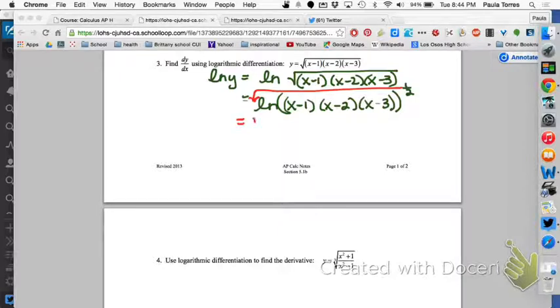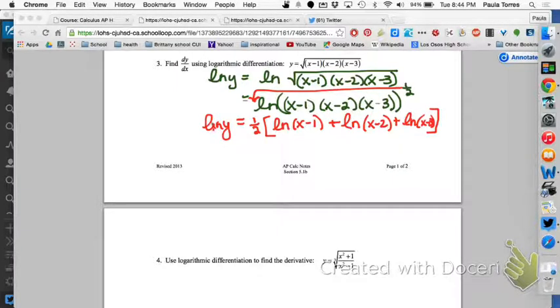And now I have a product, and I'm allowed to separate a product into some addition. So I'm going to separate those product pieces all into their own separate logarithms, but they're joined by addition.